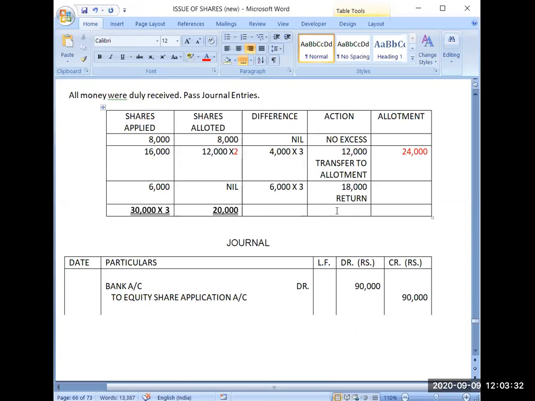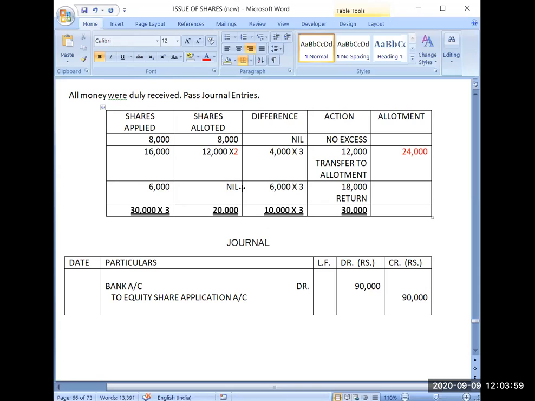Okay. Now see the total of 18,000 and 12,000 will be how much? 30,000. Total of 4,000 and 6,000 will be 10,000. So you can check also: 30,000 minus 20,000 should be 10,000. And then 10,000 multiplied by 3 will also be 30,000.